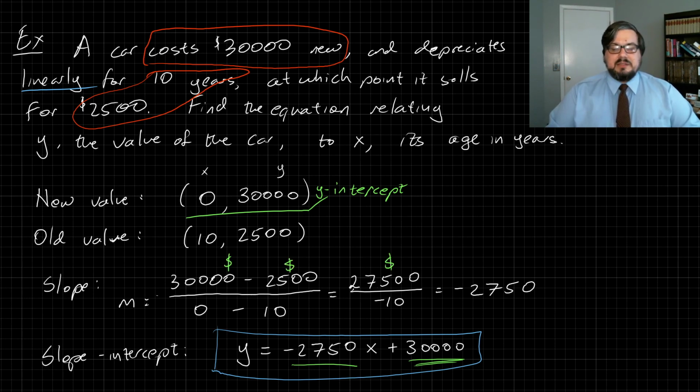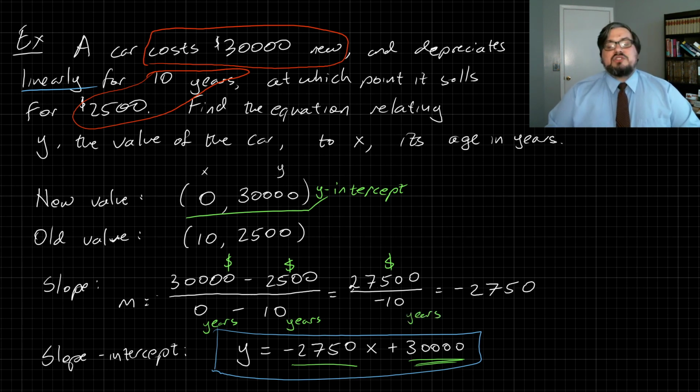So the unit on top of this slope is dollars. And then in the denominator, we have x, and x is being measured in years. So we were taking its price at 0 years old and 10 years old.